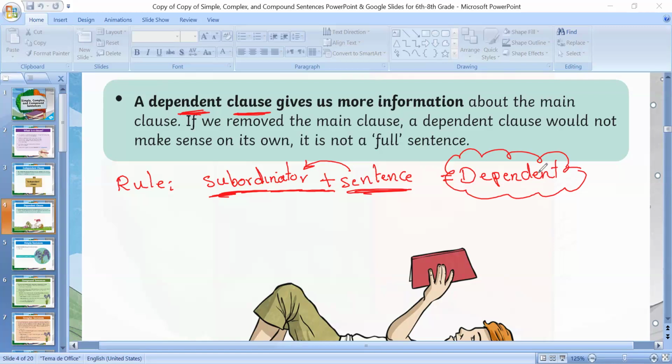Yes. Nice. Thank you, Layla. What do we mean by independent clause? It's a sentence that has a full meaning. Okay, thank you, Abdurrahman.